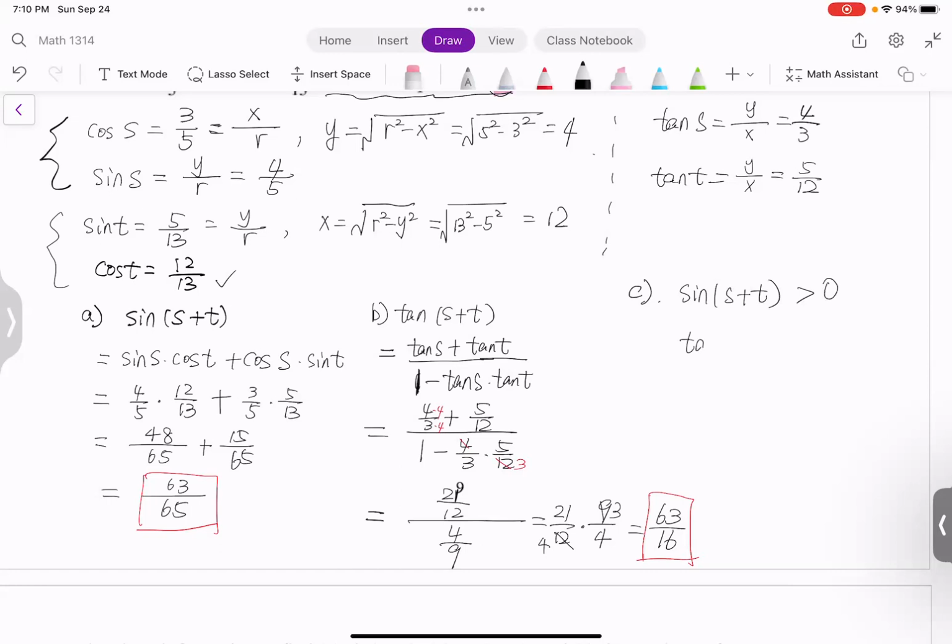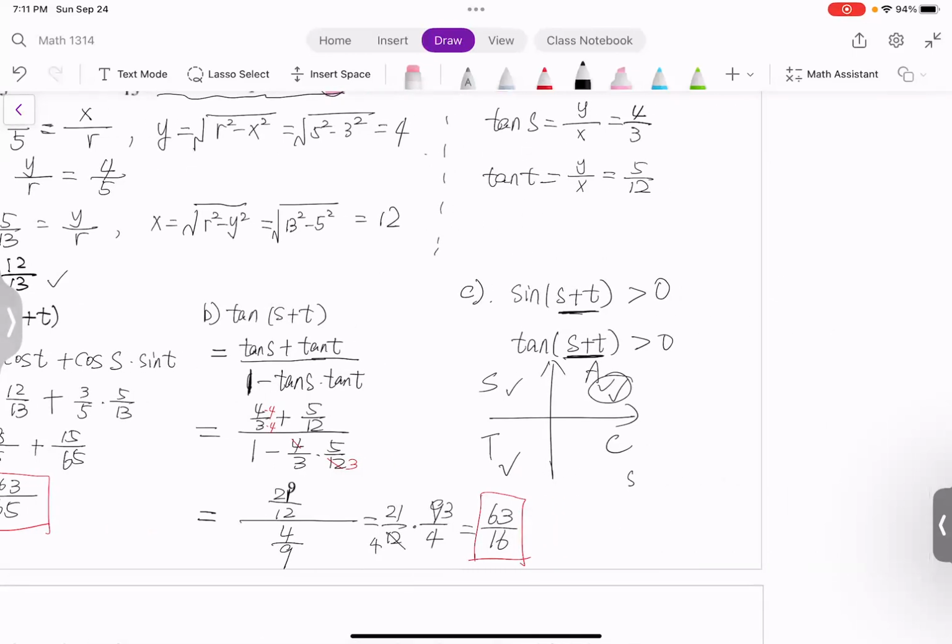And the tangent of this angle is also positive. Let's review ASTC. For sine to be positive, the angle must be in the first or second quadrant. For tangent to be positive, the angle is in the first or third quadrant. That means s plus t is in quadrant 1, because that makes sine and tangent positive at the same time.